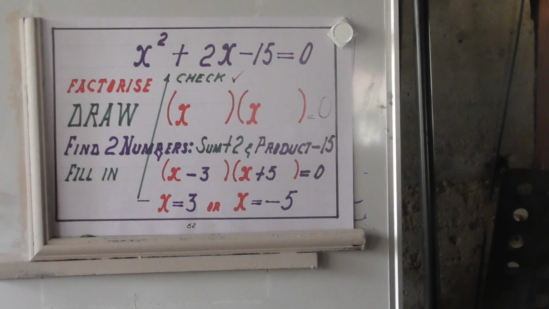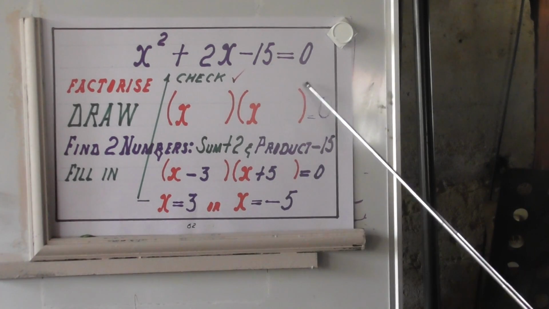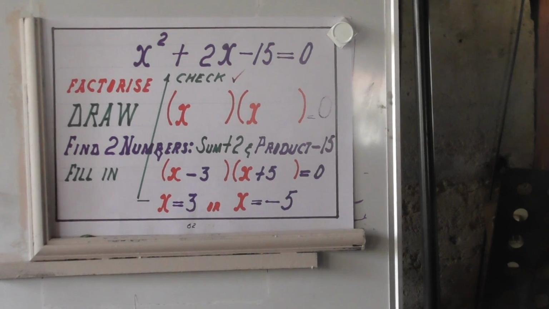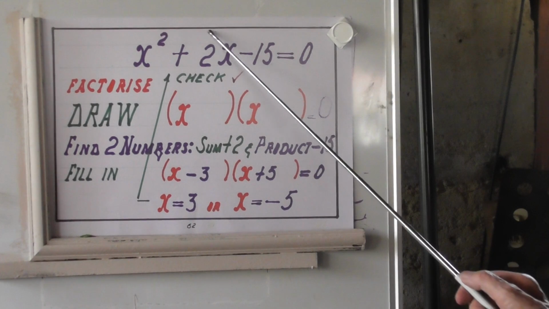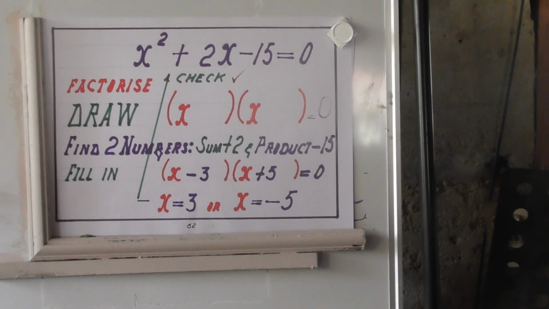Yeah, so from here, 1, 2, 3, 4, x equals naught. And then find your two mystery numbers. Product negative 15, the positive is winning by 2. Negative 3 and positive 5.